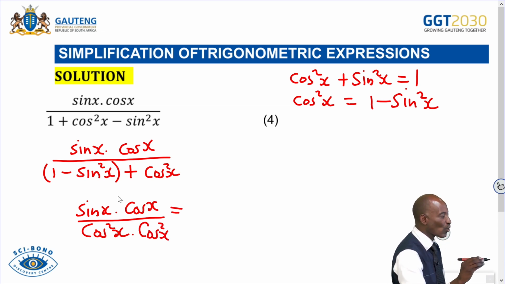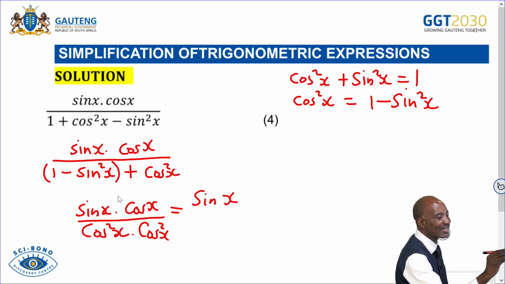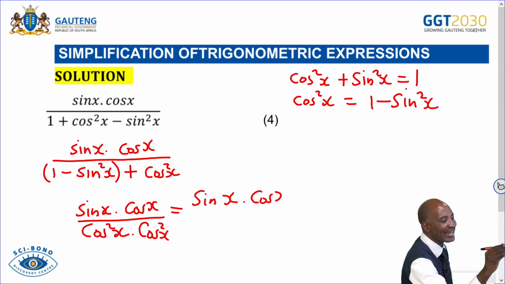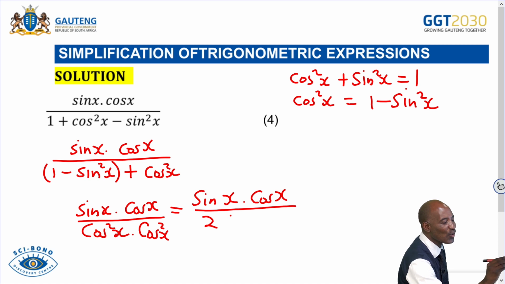This will then be equal to sine of x times cos of x divided by 2 cos squared x.